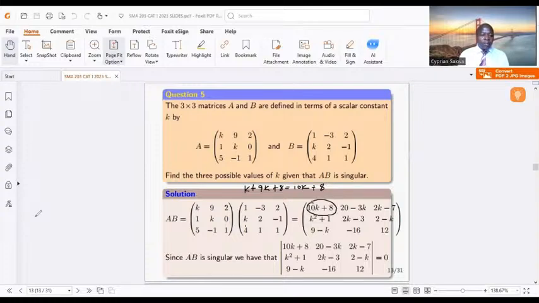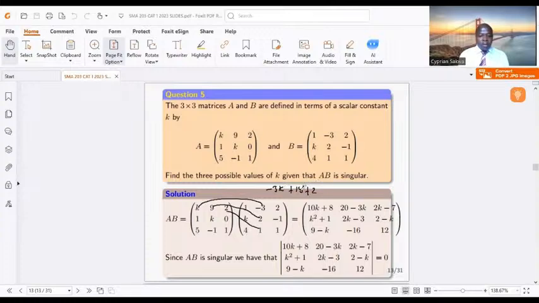Now the first row times the second column. K times negative 3 would be negative 3K. 9 times 2 would be 18. We are adding the results. Then 2 times 1 would be 2.